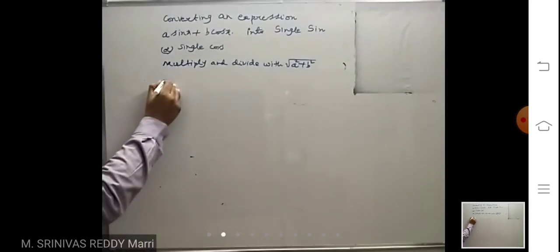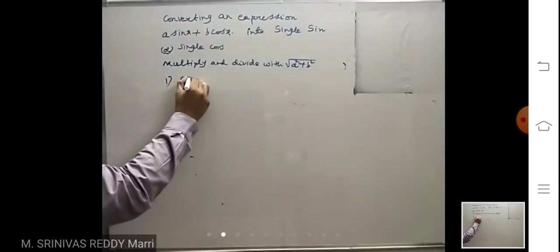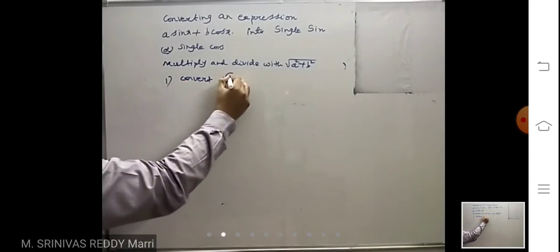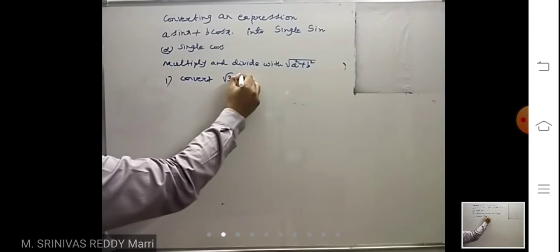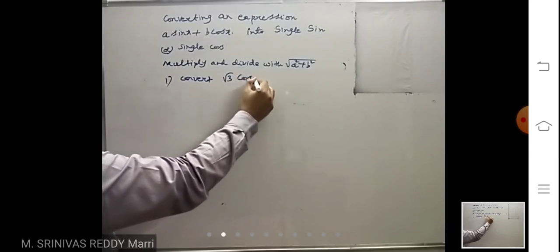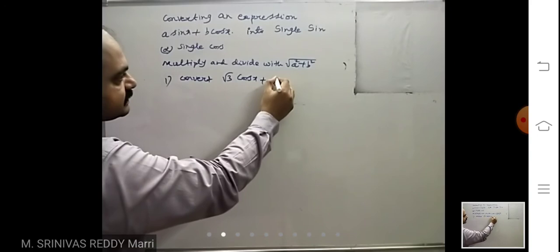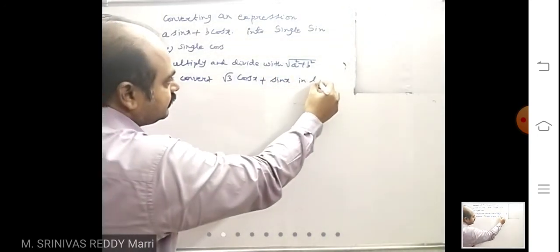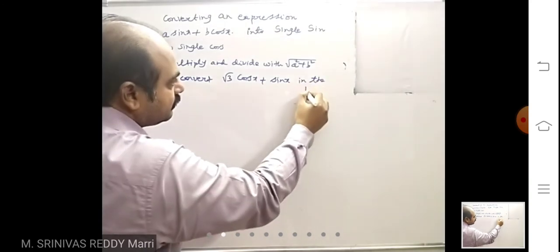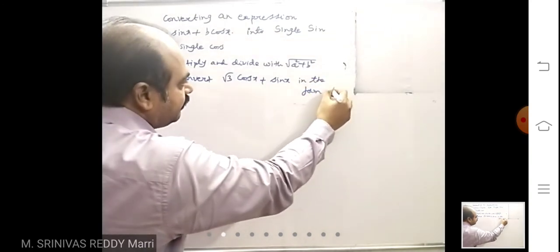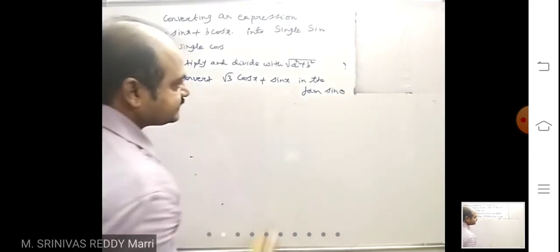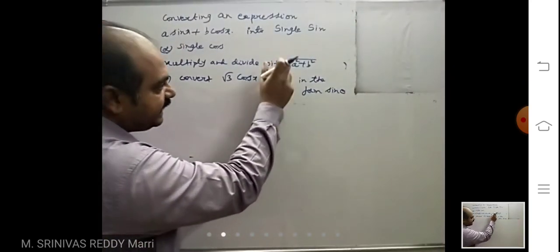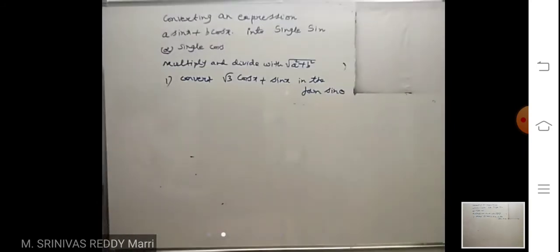Number one, convert root 3 cos x plus sin x in the form sin theta, let us say.